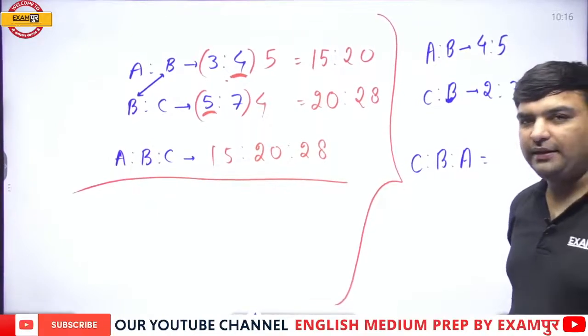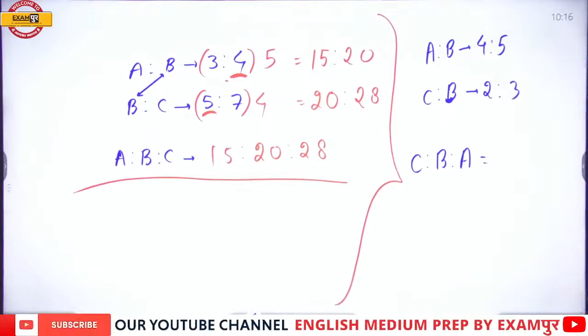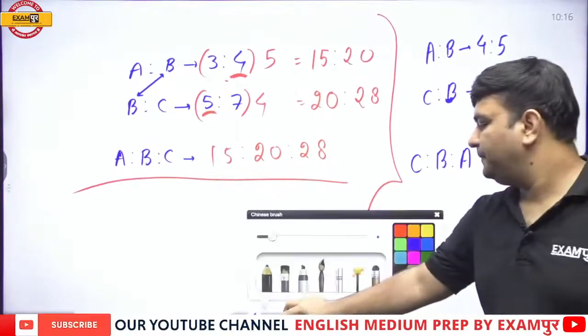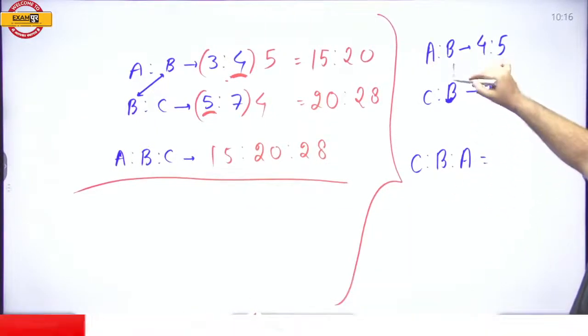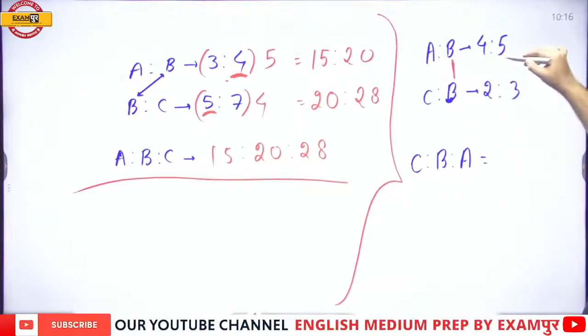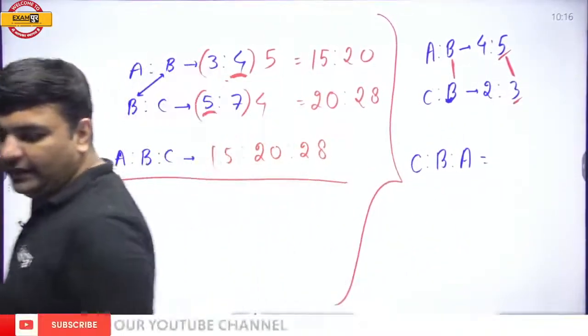If there is a connecting link, then make use of it. Where is the connecting link? The connecting link is here, B.